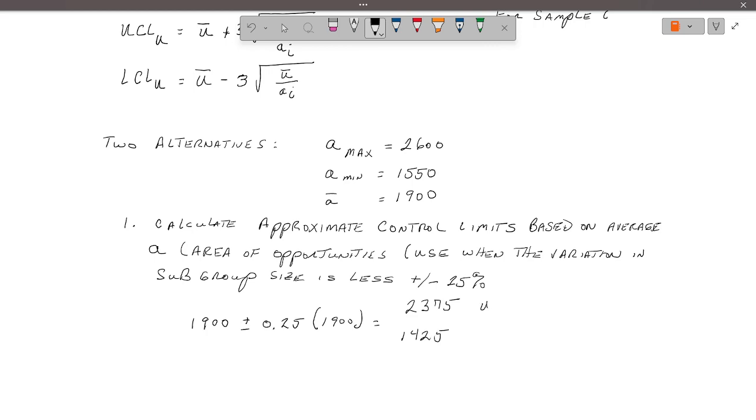So this would be your upper control limit and your lower control limit. Okay. So this gives you a way to make an approximate control limit so you can see what the things look like without having to do a whole lot of math from up above.